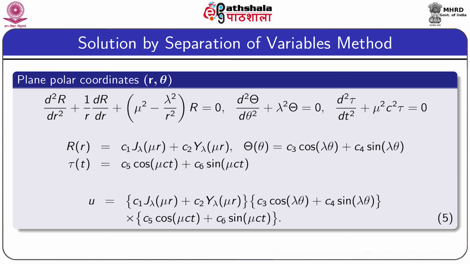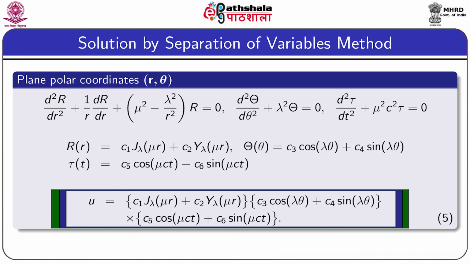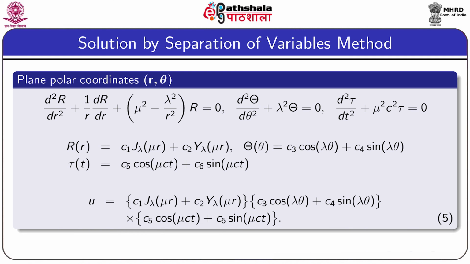Therefore, the required solution of the two-dimensional wave equation in the plane polar coordinate system is u equals the product of capital R, capital Theta and tau, which is written in equation number 5.